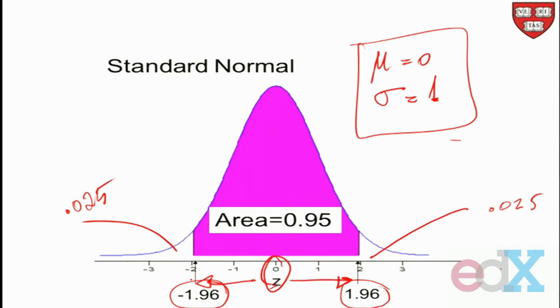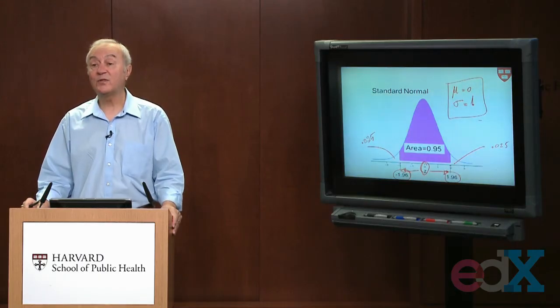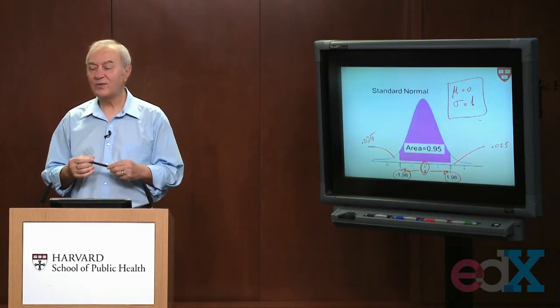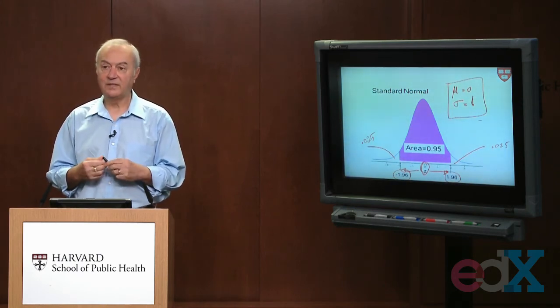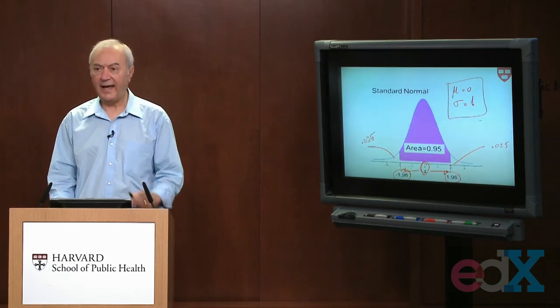And that covers exactly 95% of the total area. All right? No more approximation. This is the idealization of the empirical rule. Mean plus or minus 2 standard deviations gives us exactly 95% of the data. And you can get the other ones, plus or minus 1 standard deviation, plus or minus 2 standard deviations. You can figure that out for yourself and see that this gives it to you exactly.